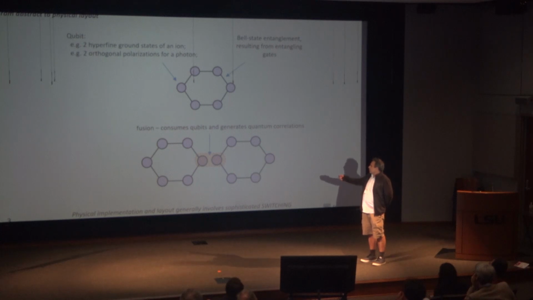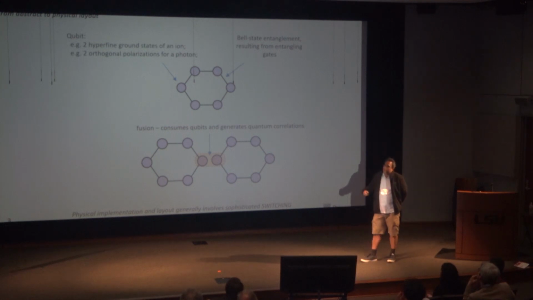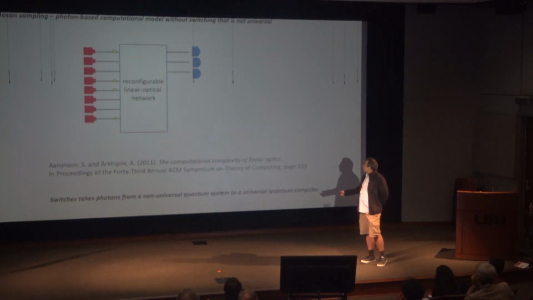And in cases where they succeed, the measurement will give you a larger correlated qubit state. This is an abstract representation. Switch networks are important because they tell us physically how to lay out these states in space and time.